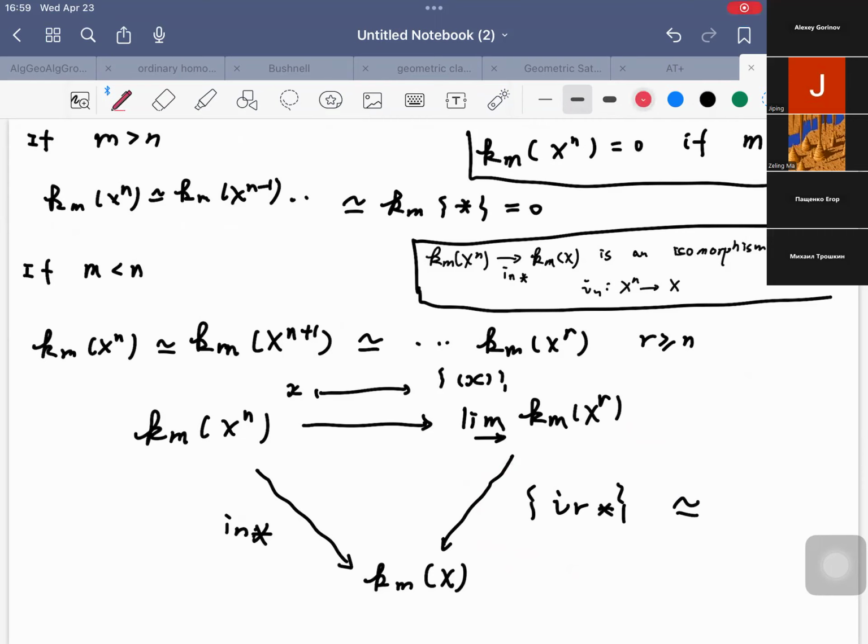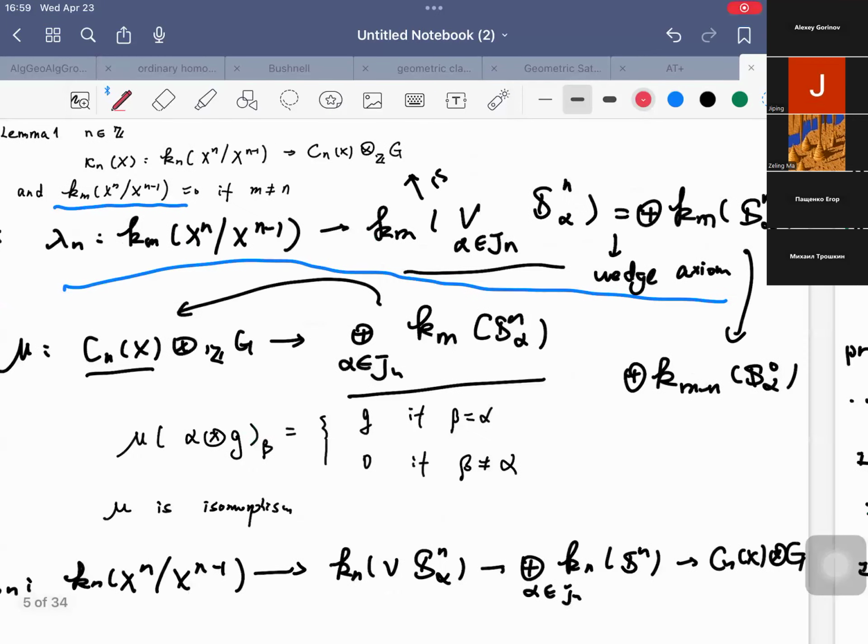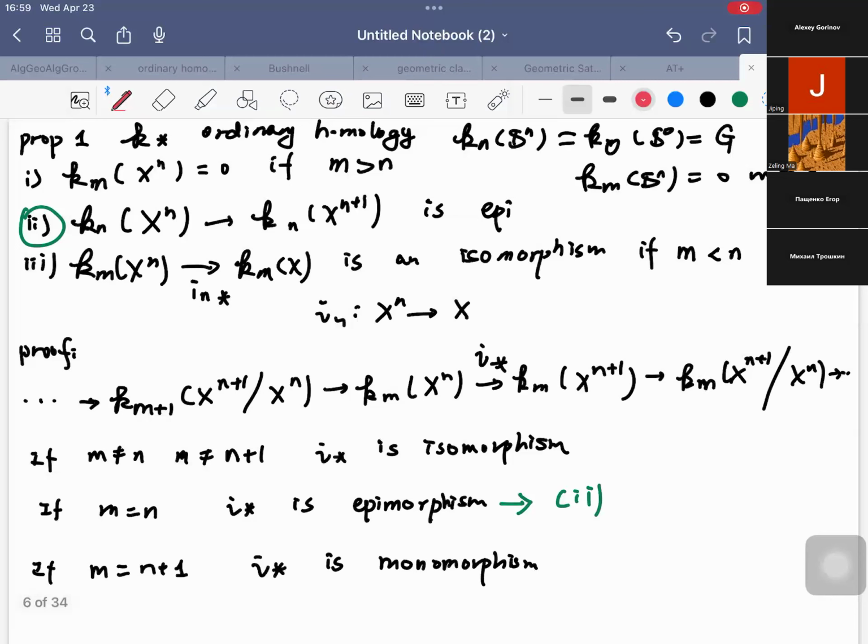If we assume this is an isomorphism, you will get this answer. So we have proved this property.